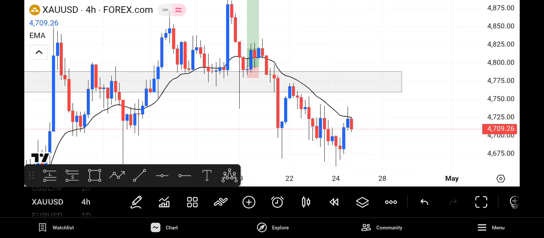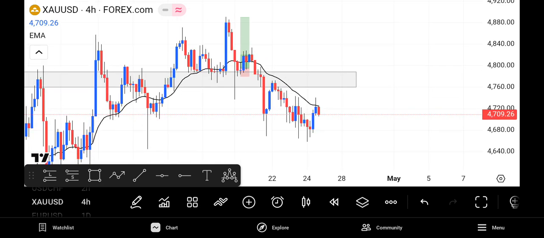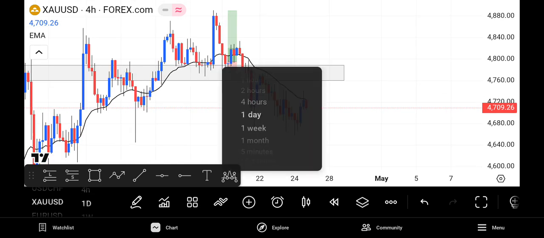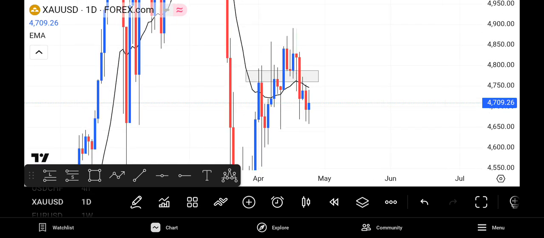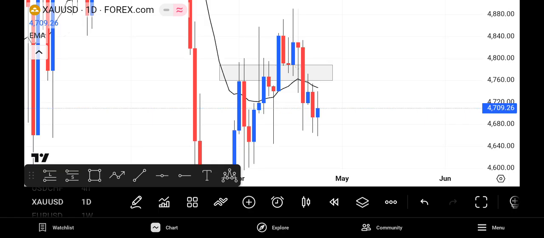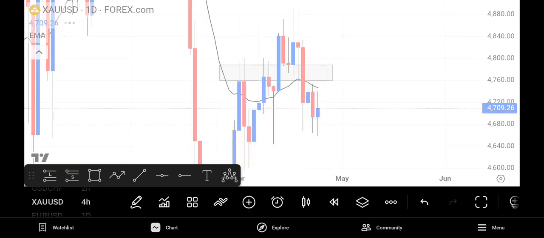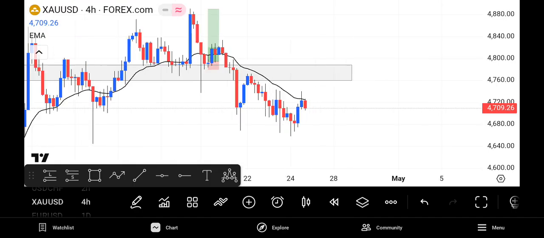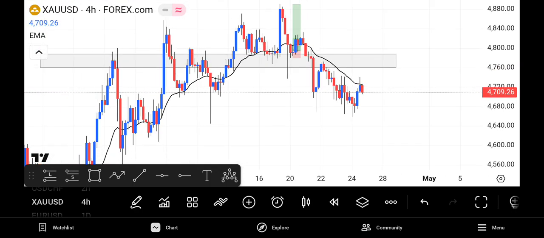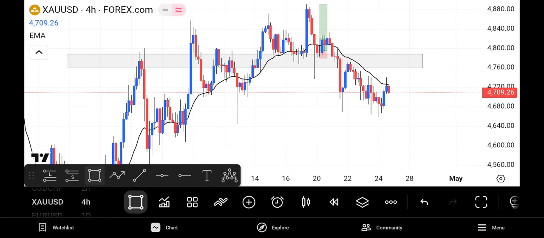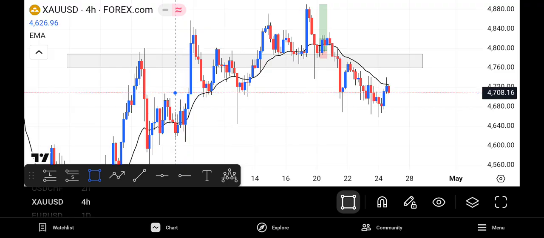So for us to take this trade now, we use the daily time frame because I'm not seeing a clear structure point right here on gold, but I will still watch the market.